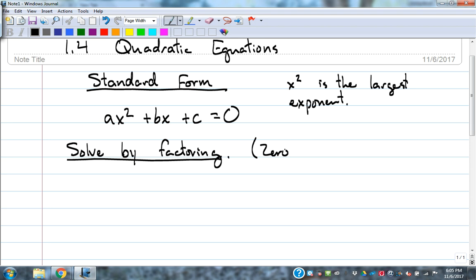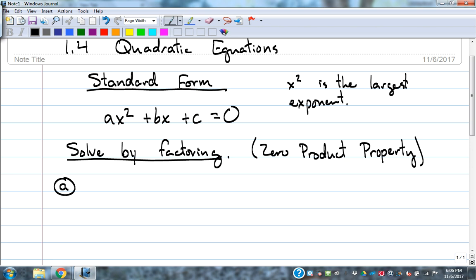We're employing what's called the zero product property. What that property says is fairly powerful, but not necessarily very interesting to read, so we won't write it out. But what it says is if you have two factors that multiply together to get 0, then at least one of them is 0. It could be both of them. We're going to take the worst case scenario and say it's both of them, okay?